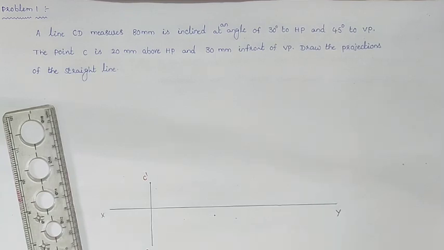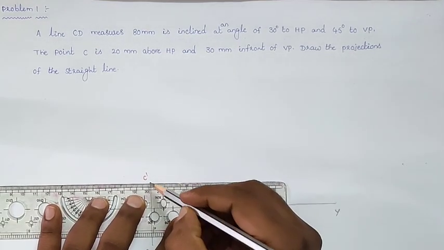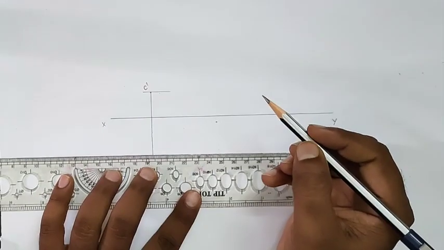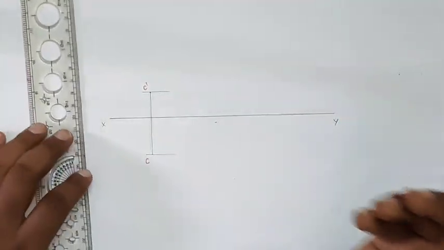Now they are giving that the angle of inclination with respect to HP is 30 degrees. So from C dash, they are giving the inclined line, and from C, the inclined line with respect to VP is 45 degrees.